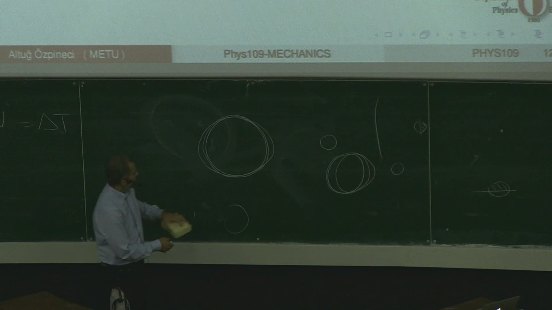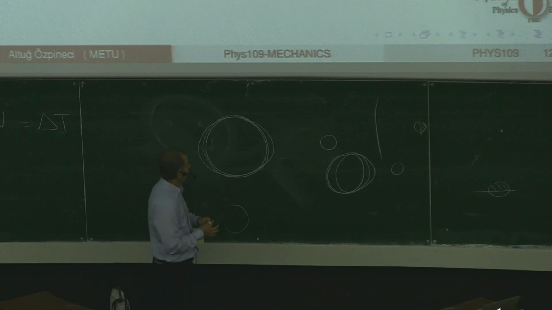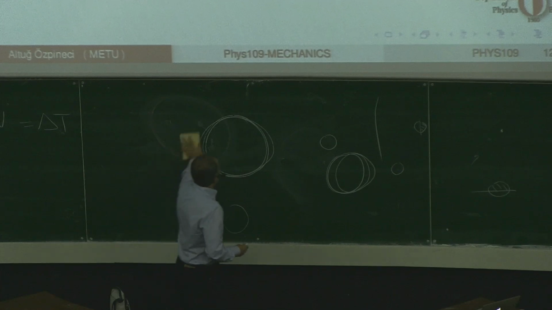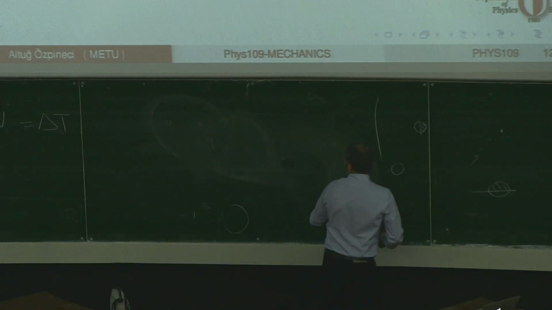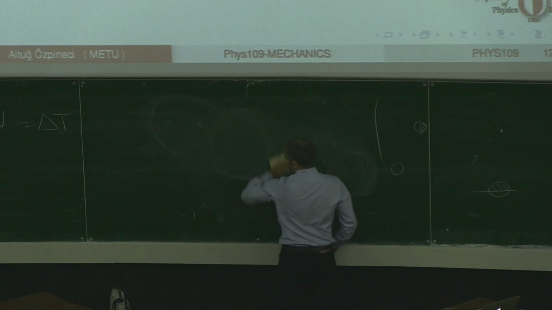Something that we cannot really observe with our own eyes, but which also happens, is that the shape of the earth is also deformed. Not as much as the liquid, because the rock cannot flow, but the shape of the earth is also a bit deformed.